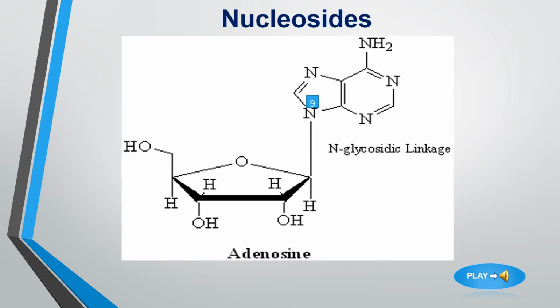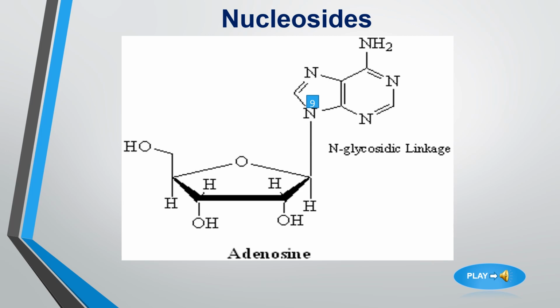This slide shows an example of a nucleoside, adenosine. In adenosine, adenine is connected with ribose sugar by an N-glycosidic linkage.